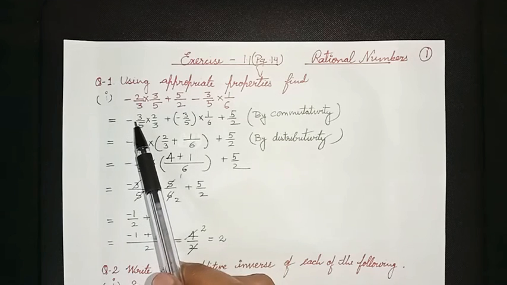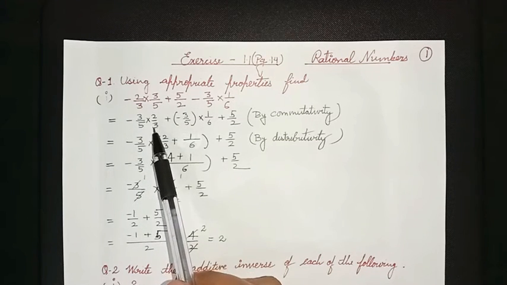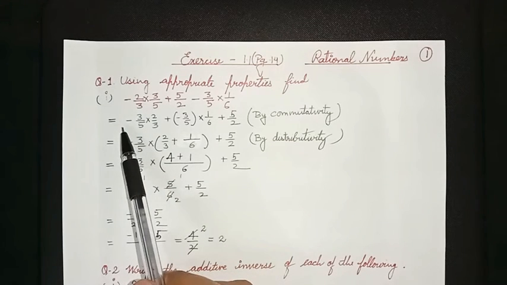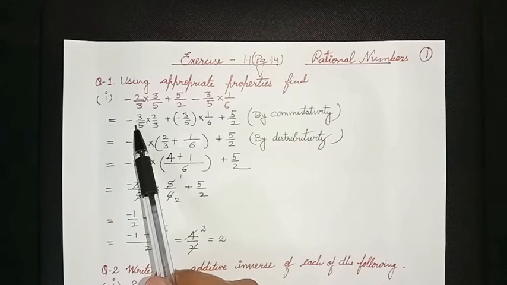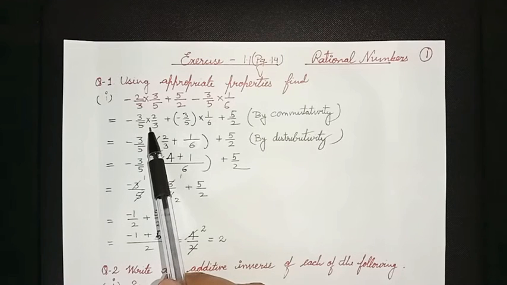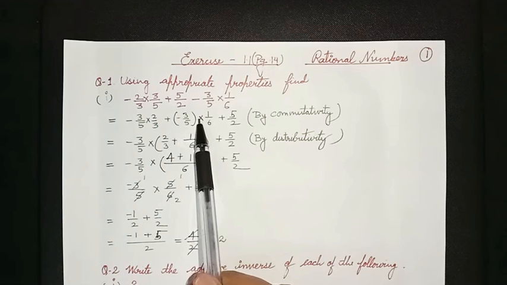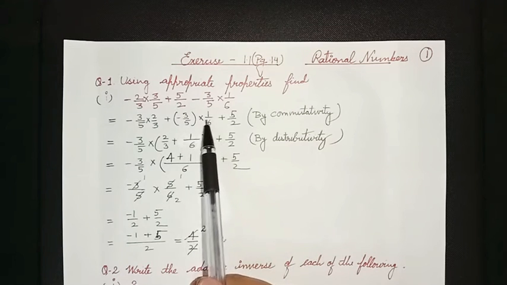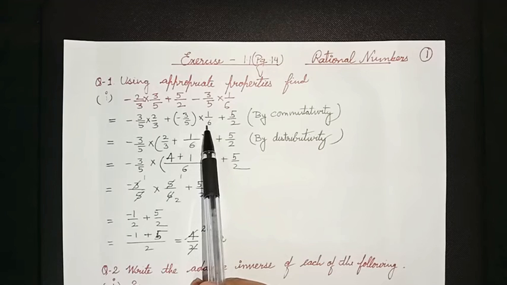First, we will write minus 3 upon 5 into 2 upon 3. Now you will think why I have written here minus 3 upon 5. This thing I will tell you later. Plus minus 3 upon 5 into 1 upon 6. Now you will think how this minus 3 upon 5 into 1 upon 6 came.